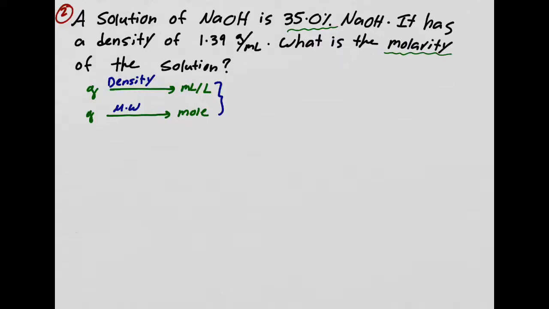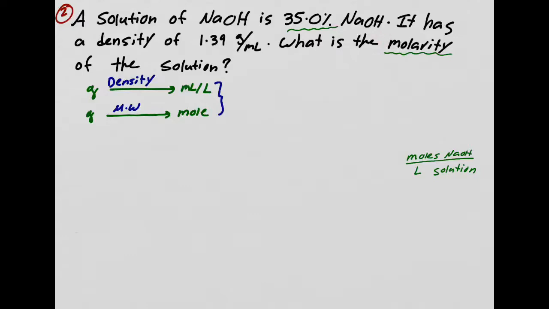And molarity is moles of solute, which would be NaOH here, over liters of solution. So that's what I'm trying to get to. Keep your eye on this. What is your final destination? That's what I'm trying to get. So I'm going to start with what I'm given and try to go to moles of NaOH over liters of solution because they ask for molarity.